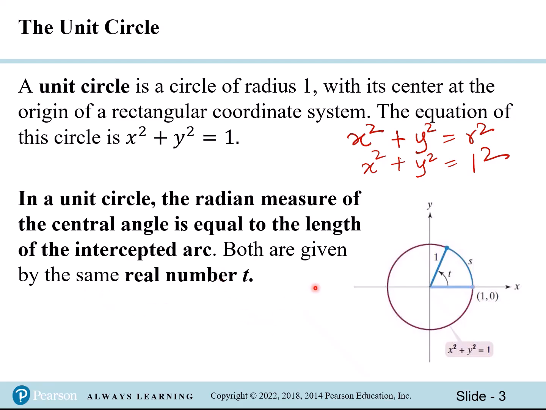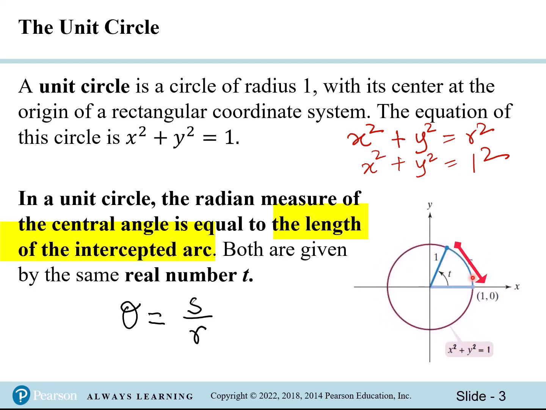Over here, a central angle is the angle formed at the point of intersection in the rectangular coordinate plane, or at the origin, correct? So over here, this is the central angle, and the central angle is measured in radians. If you recall from a previous lecture, the measure of a central angle is equal to S divided by R, correct? What is S? S is the section of the arc in this unit circle that is intercepted by this central angle.